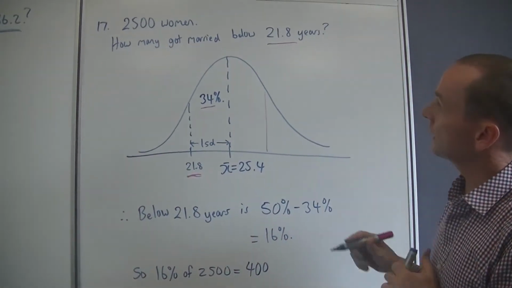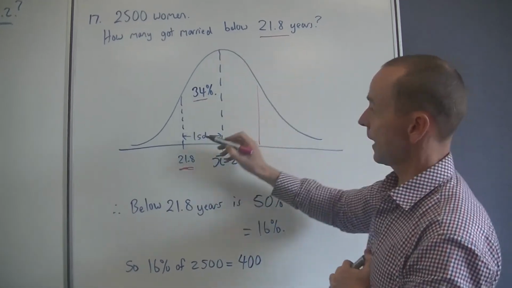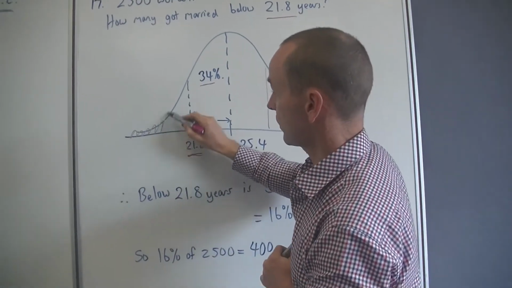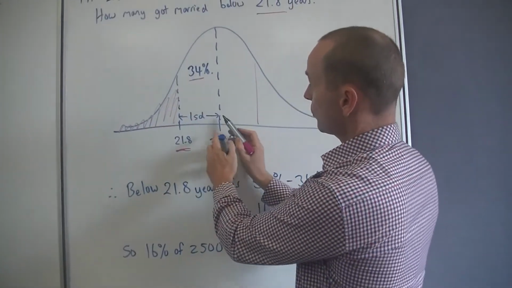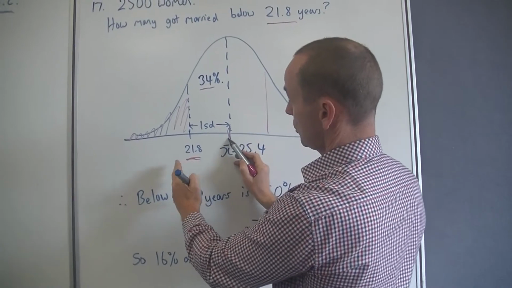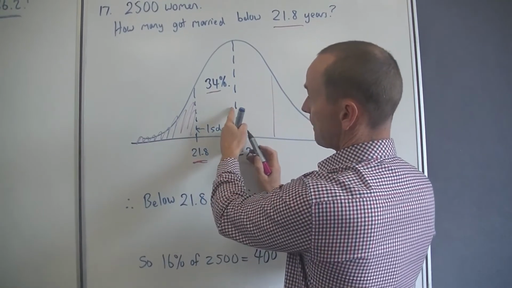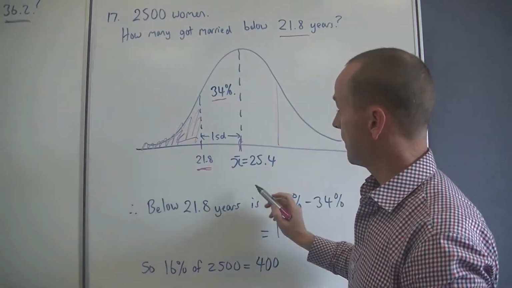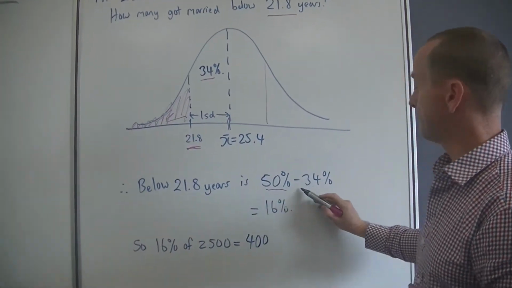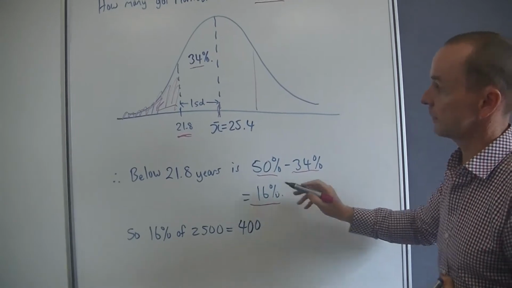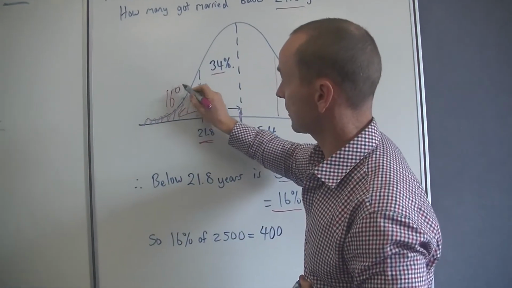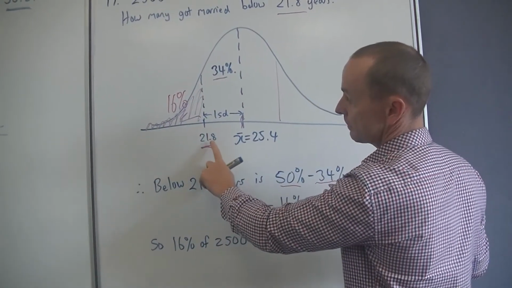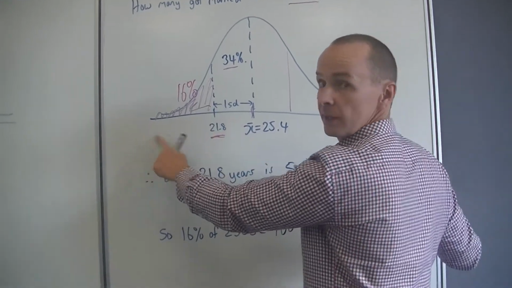But the question said, how many got married below that? So what we want is this region here, below that. We know 50% are from the middle down to the end, and that bit there is 34%. So we can work out this shaded region by 50% minus 34% is 16%. So therefore, 16% got married below the age of 21.8 years.